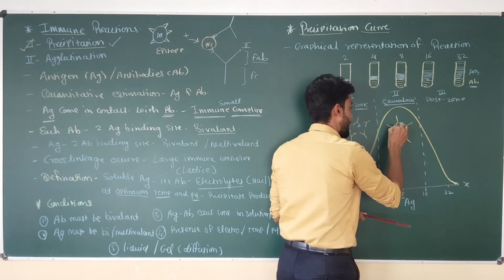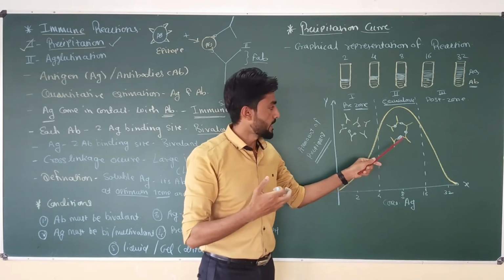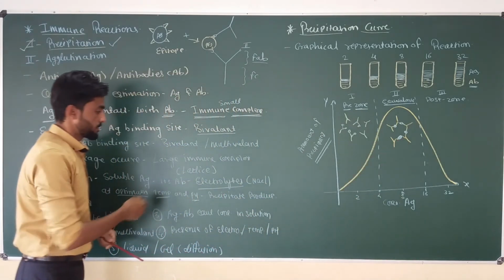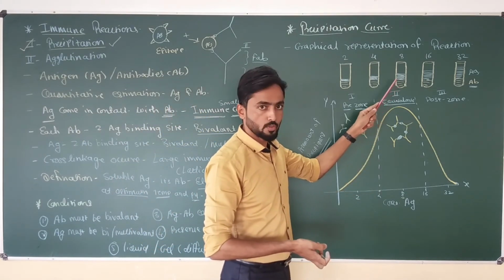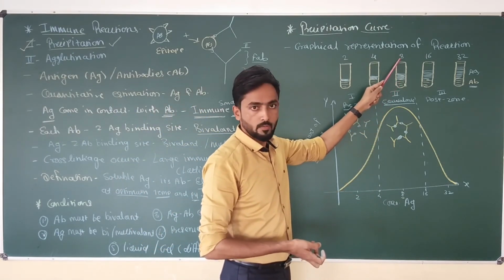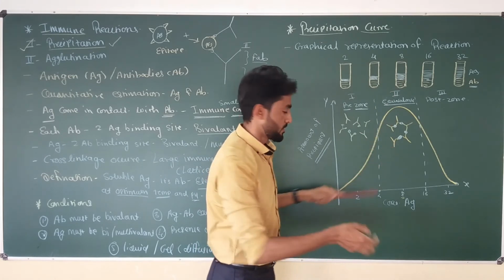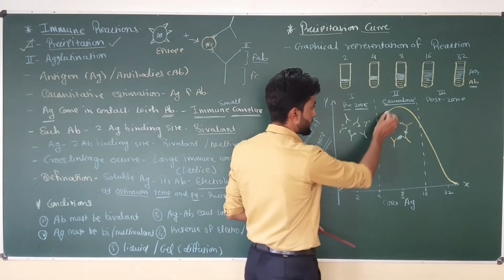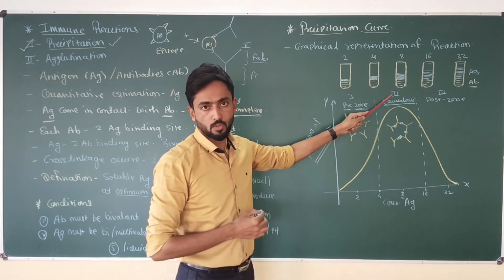So bivalent antigen connects all the antibodies to one another and produces a large immune complex, which is a lattice, that precipitates out. So in this tube number 8, we get the highest amount of precipitation reaction. So this curve reaches its peak at the second zone.